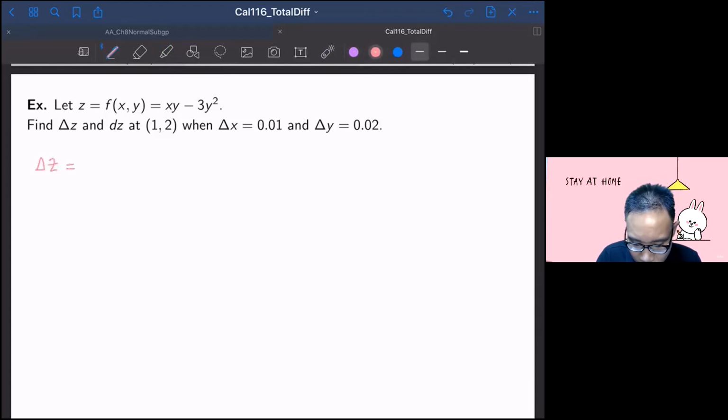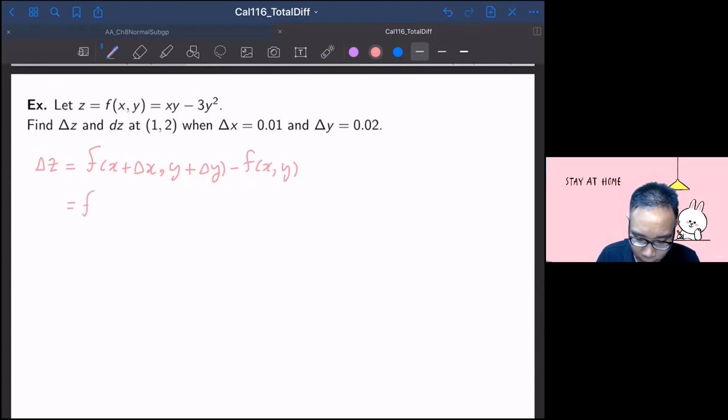So delta z in this case turns out to be f(x plus delta x, y plus delta y) minus f(x, y).